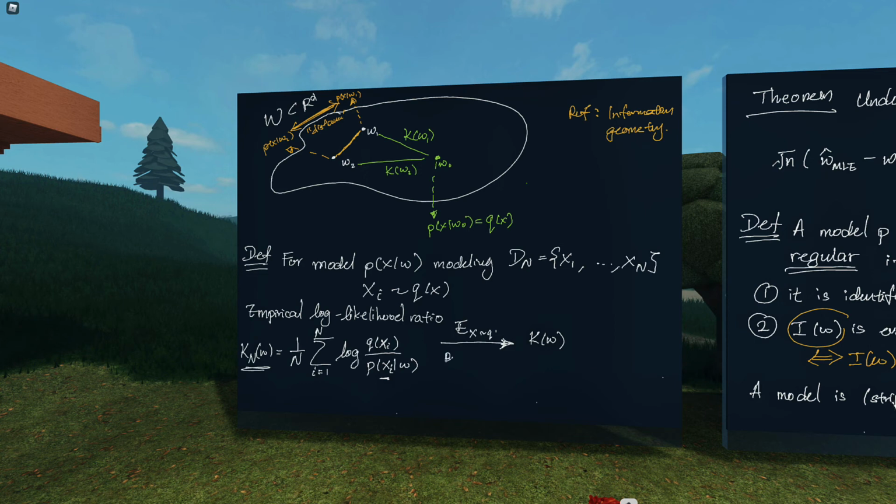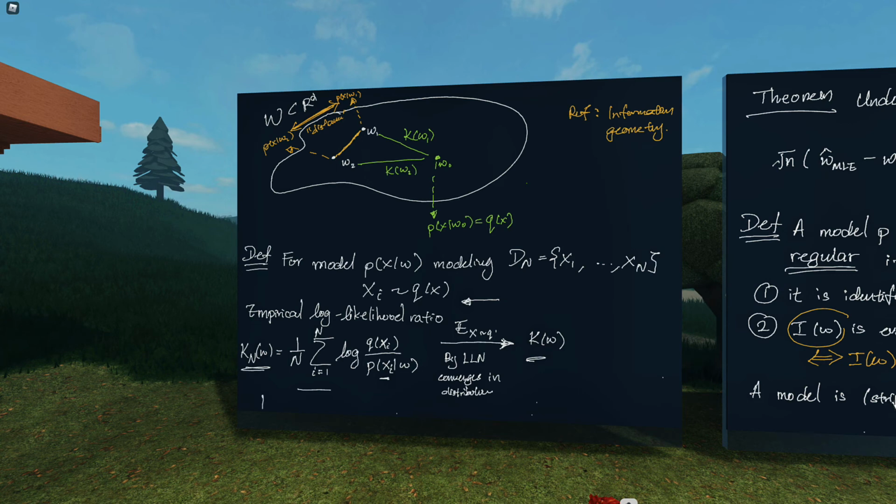So by the law of large numbers, this expression on the right converges in distribution to the right-hand expression, which means that this expression is approximated really well by the expression on the left when n is really large.